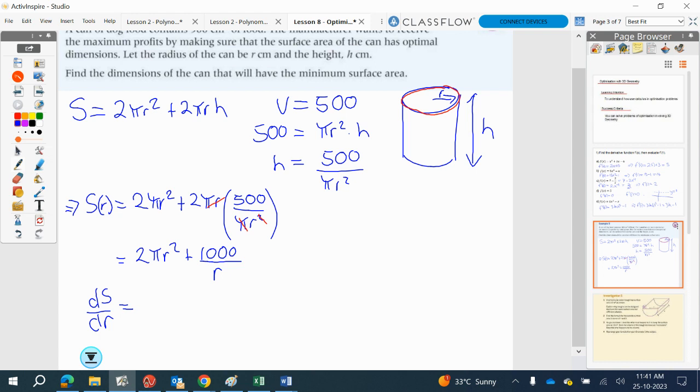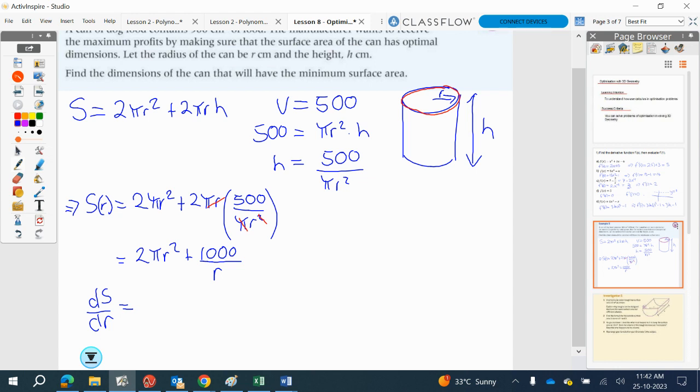Label it 1,000 over r squared. Why do I say dS/dr? Because S is the surface area and r is what we differentiate with respect to. Did you get it right, guys? I don't think so, because you just converted this. This equal sign is wrong. Change the sign.